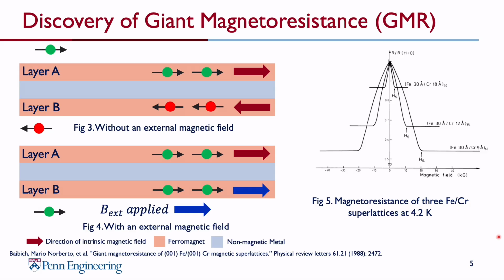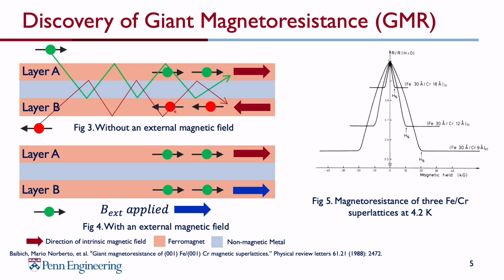Based on the paper by Baibich and Mario in 1988, when the magnetic moment of the ferromagnetic layer is antiparallel to the electron spin, electrons are scattered with high probability and are reflected back. Therefore, with no external magnetic field, spin-dependent scattering is strongest and the resistance of the material is highest.